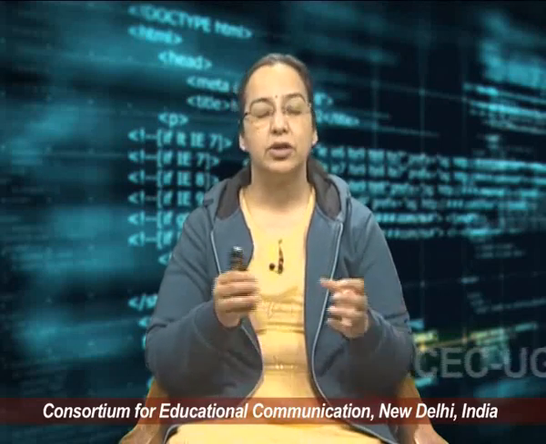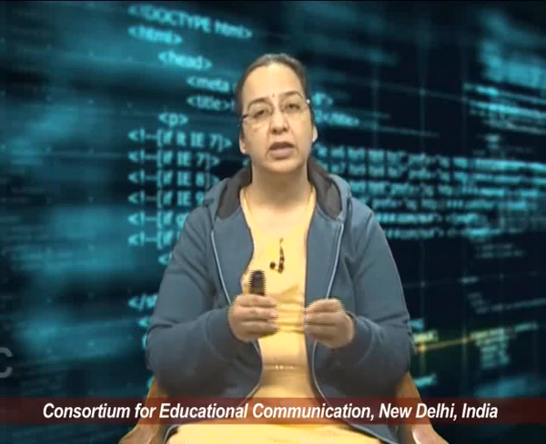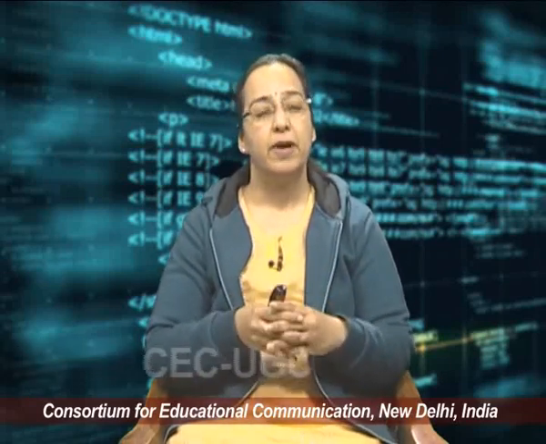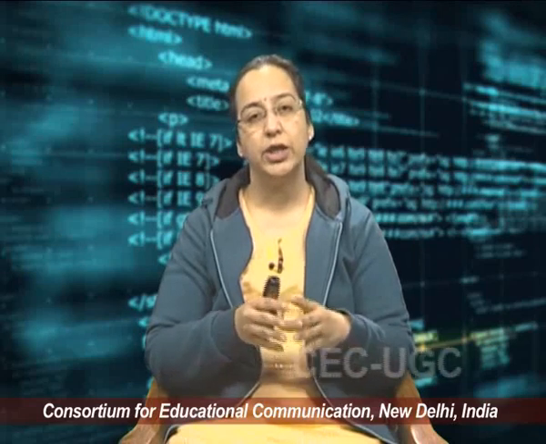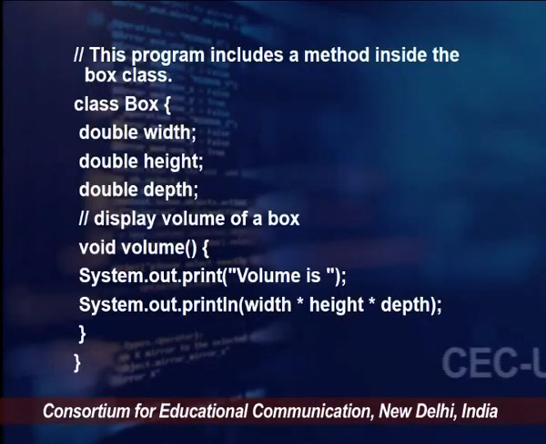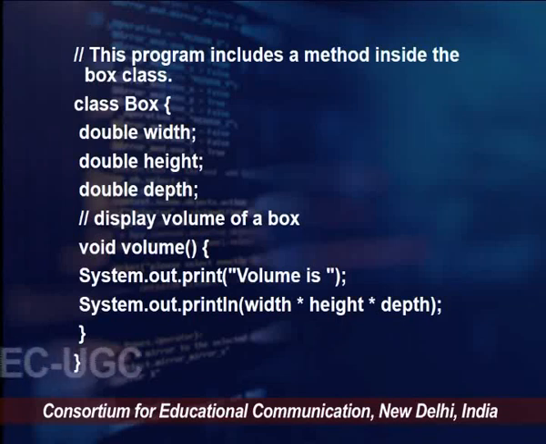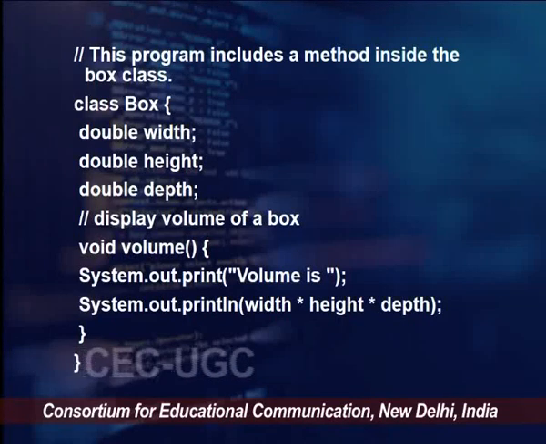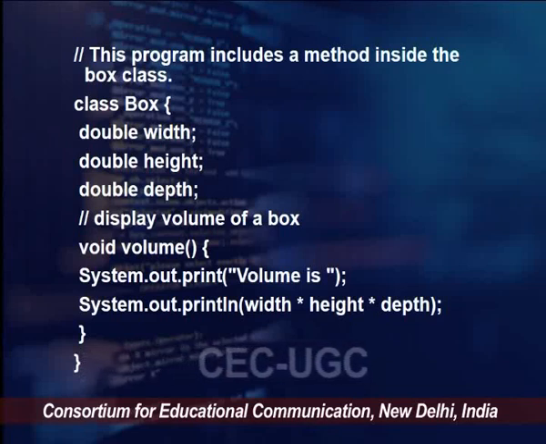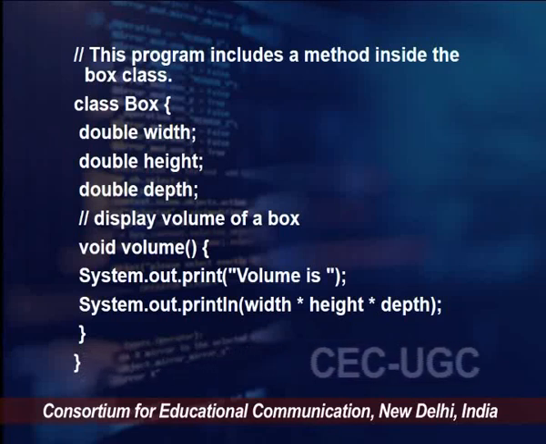Then what are the calling function and the called function exchanging? It is just the transfer of control, nothing else. So the method is void volume, and within the braces it is for printing, and then again System.out.println is going to print one value, and which value am I talking about?